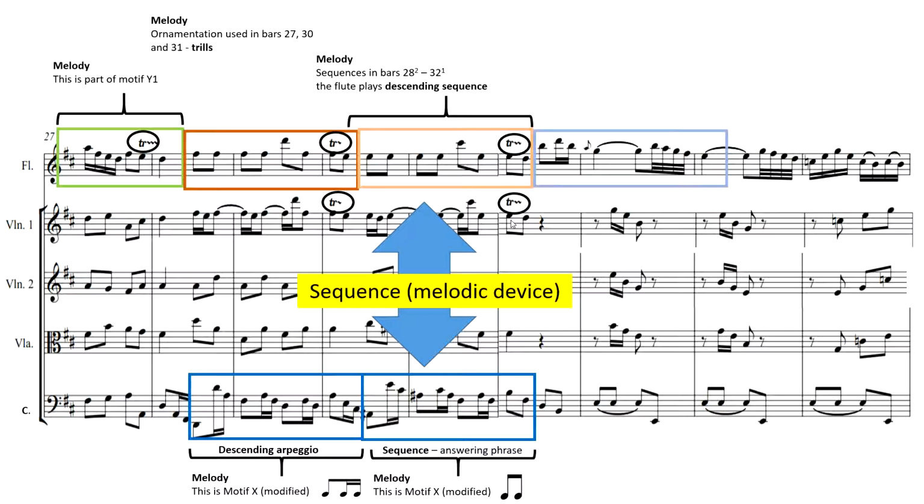Our next motif we're going to be looking at is motif X2. Now if we were to describe this, we would be describing it as descending. Of course, we can see it getting lower in pitch as we move along. However, it's using some arpeggio movement, which we can see here. So we've got this arpeggio movement, and also some conjunct movement.